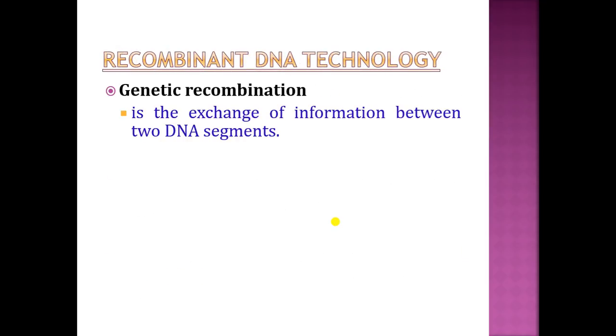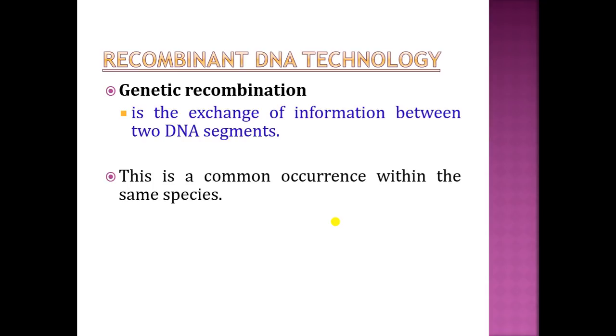Genetic recombination, if we see this word, is literally the exchange of information between two DNA segments, and this usually occurs within the same species. The genetic material exchange between two different segments of DNA within the same species is a very common occurrence.